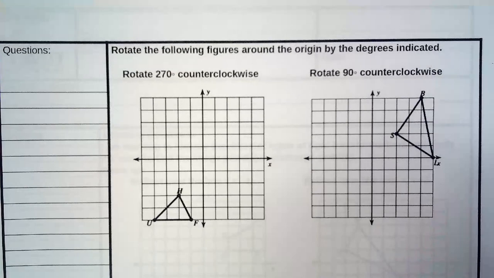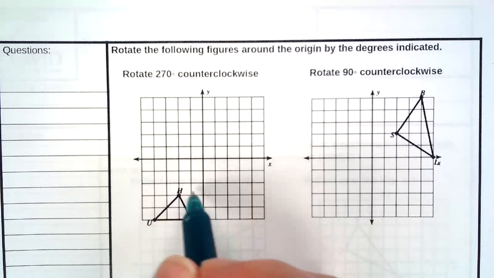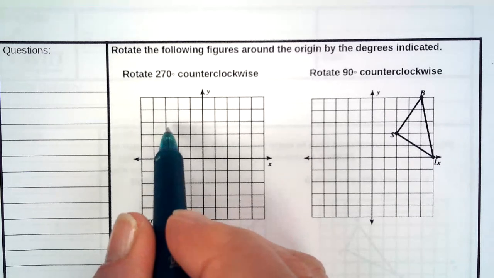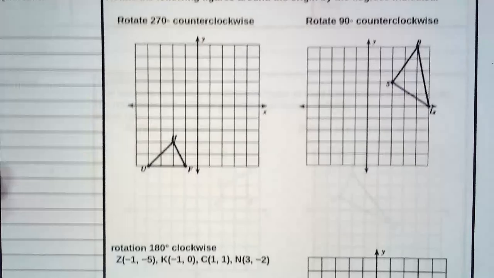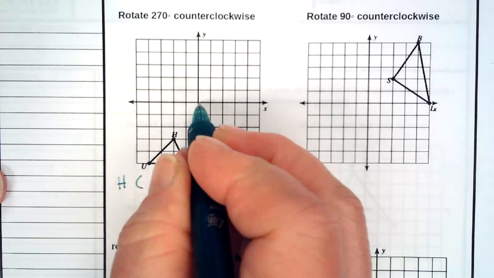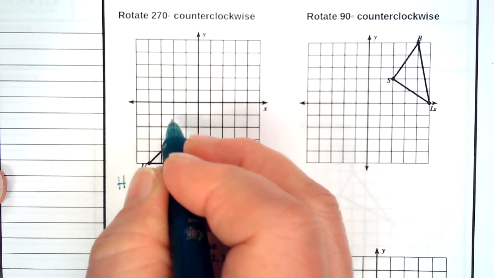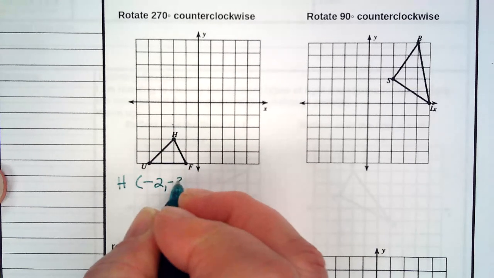Okay, we're going to rotate in the degrees indicated. If I'm starting here and I'm going counterclockwise, that means I should end up in the second quadrant. I'm going to look at my points. This is -1, 2, down 1, 2, 3, -2, -3.